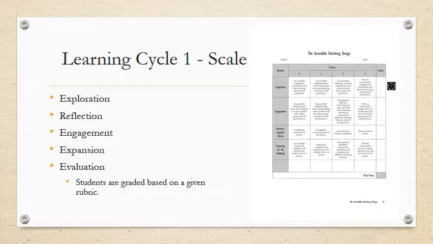And the inventor's logbook entries, which is our reflection section. I call that the inventor's logbook as kind of a nod to Thomas Edison, because we do a small lesson on Thomas Edison and his journals and how he kept his journals at the beginning of this class.